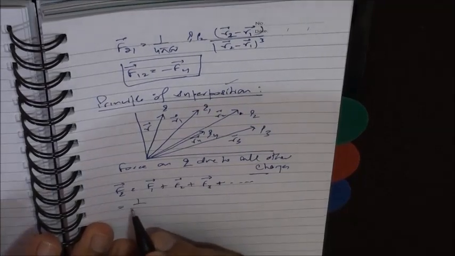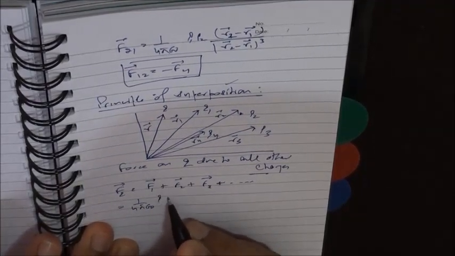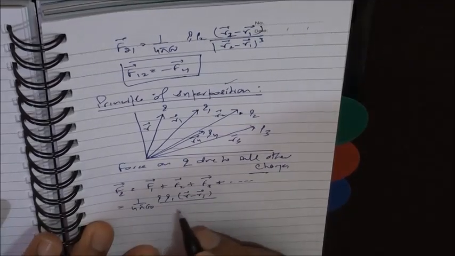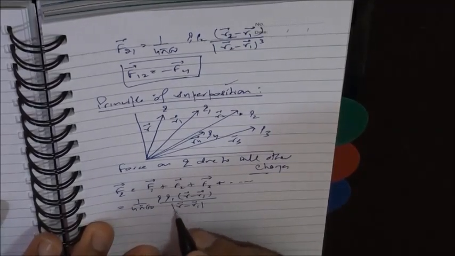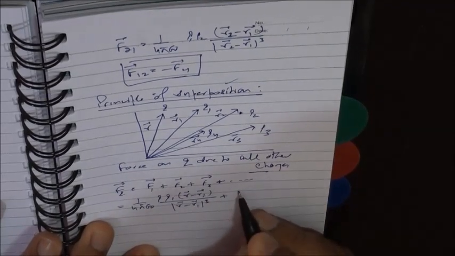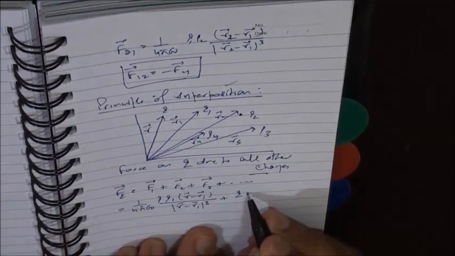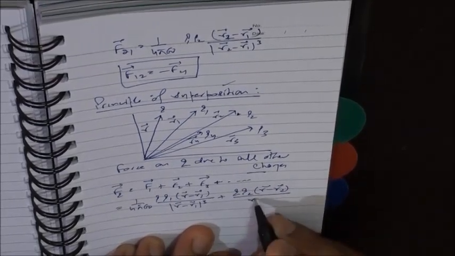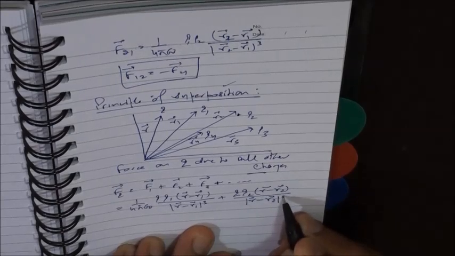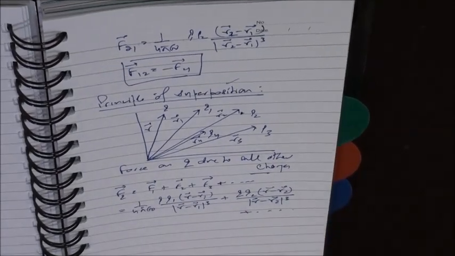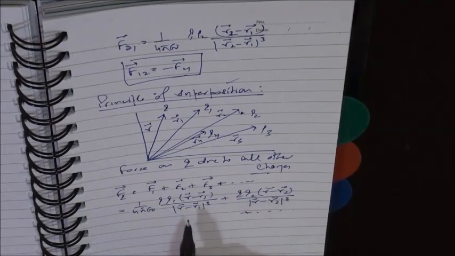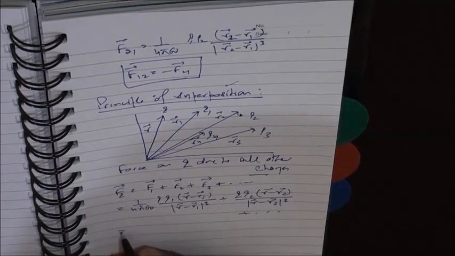Okay. So it will be 1 upon 4 pi epsilon naught Q1 Q (R minus R1) upon |R minus R1| cube plus Q2 Q (R minus R2) upon |R minus R2| cube and so on. So the force on any one charged particle is just the vector sum of forces acting on this charge because of many other charges.